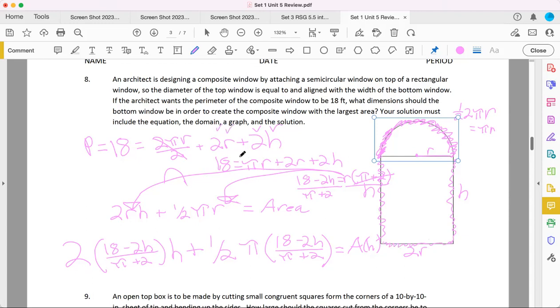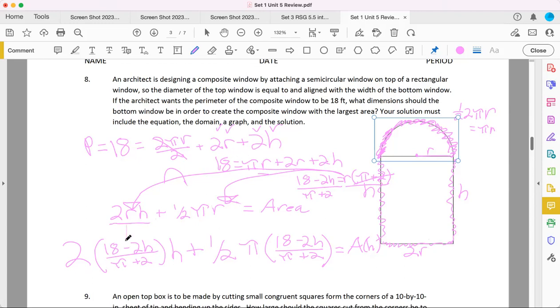You can then solve for the variable of your choice. In this situation, I solved for r, but personally, I think solving for h would have been a little bit easier, but that's okay. You can then push that into your area equation, which is 2 versions of r times h.